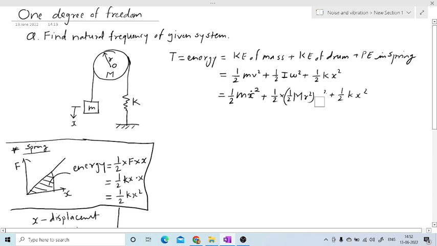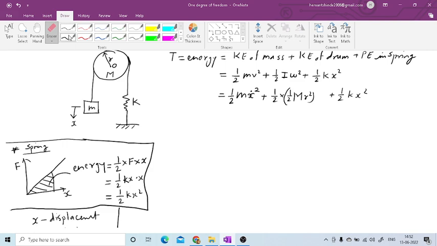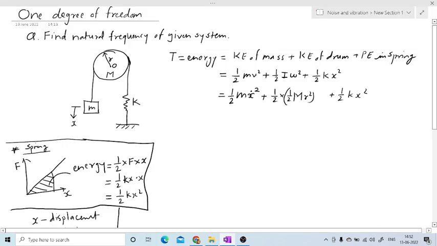So I am going to replace this omega square in terms of theta. Okay, so V x dot, omega will be theta dot square. So this is the differentiation of d theta by dt square. Now in this equation you can see we have x, we have theta, we have x. So we will have to replace either x with respect to theta or theta with respect to x.